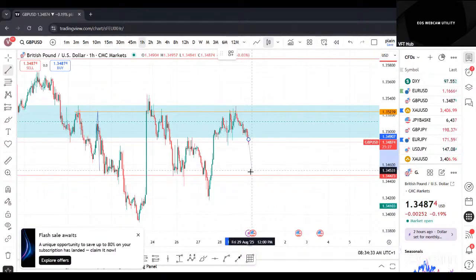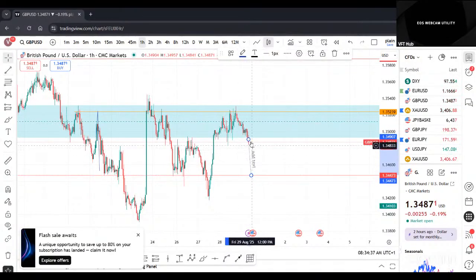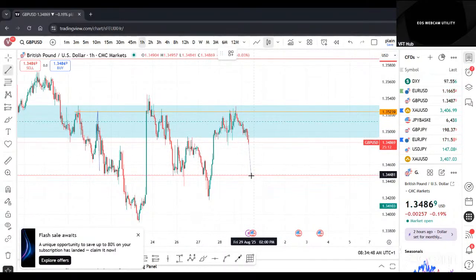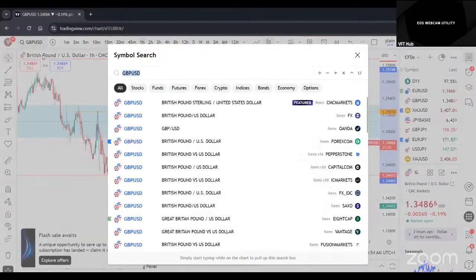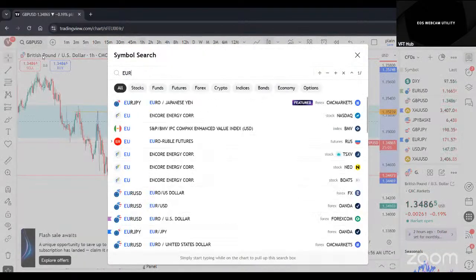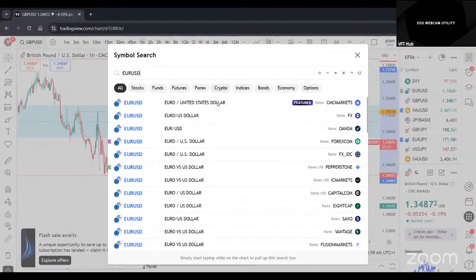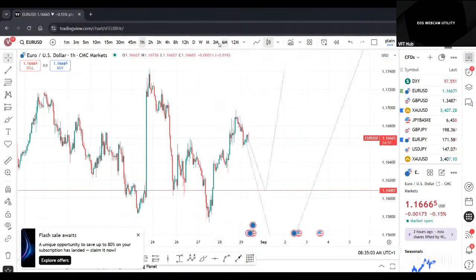So I want to see price retrace into this left shoulder, speculating that there's more room for GBP USD to sell into this left shoulder at 1.34473, and once price retraces into that level, I'm willing to long GBP USD. Please take note of the various price points that we're calling out, so that once price gets there, we will be on time to take positions in the market.